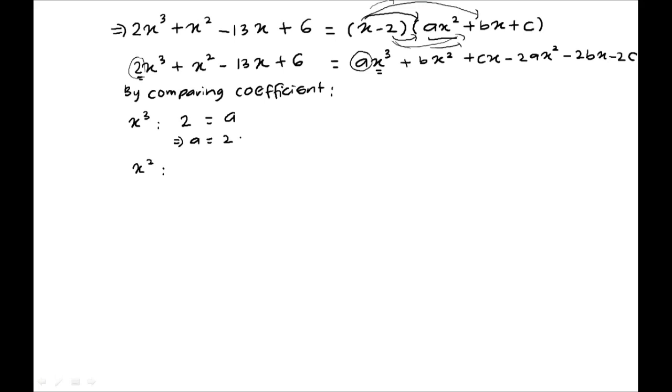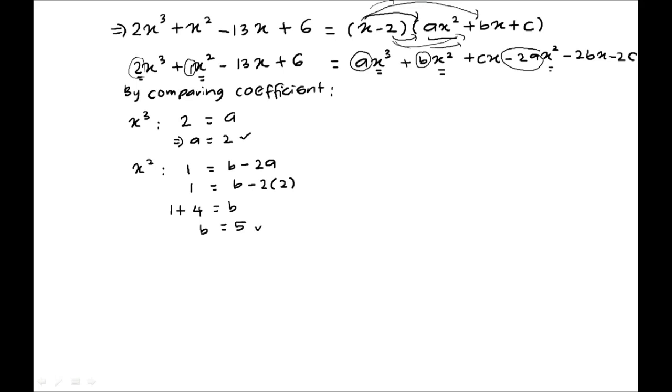For the left hand side, the coefficient is 1. So 1 equals the coefficient on the right, which is b minus 2a. Since we already have a equal to 2, we can substitute. So 1 plus 4 equals b. That means b equals 5.